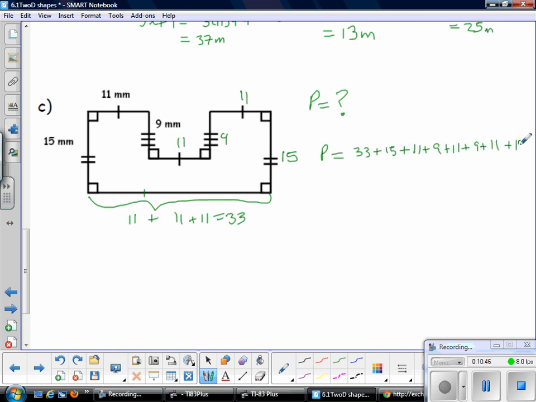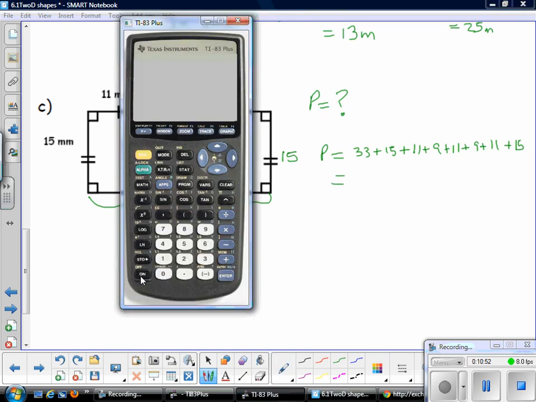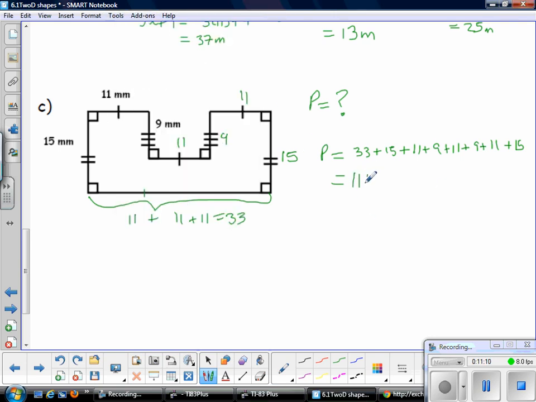Okay, and then we would add all of those together, and when I have a huge group like that, it's much easier for me to just get my calculator to do it. And I probably would do it a couple times to make sure I did it right. So my perimeter is 114 and it is millimeters.